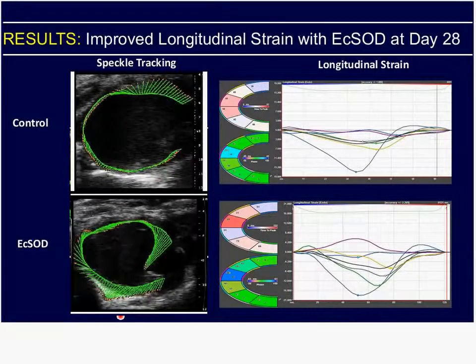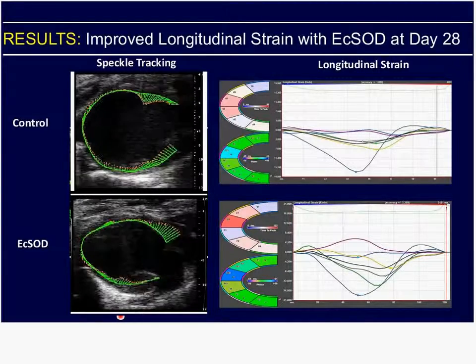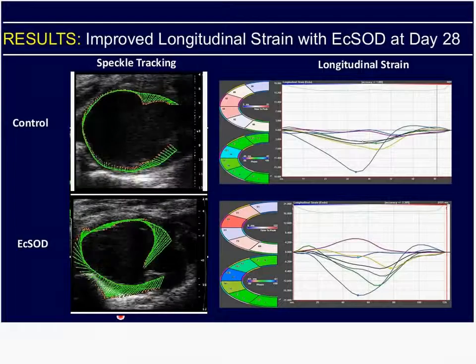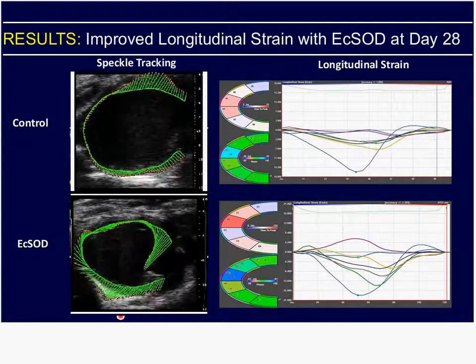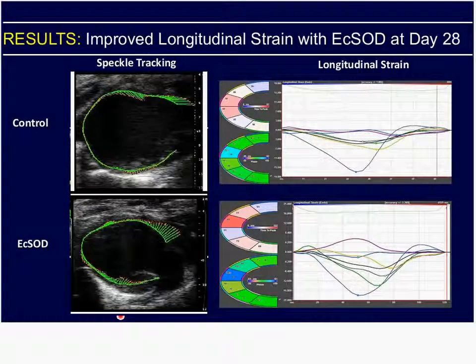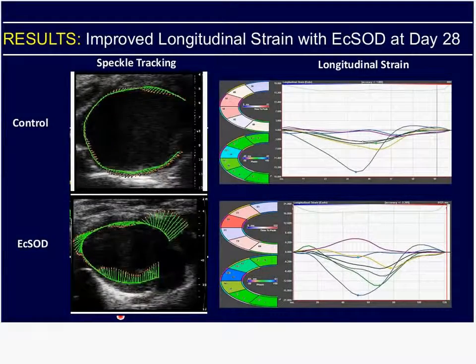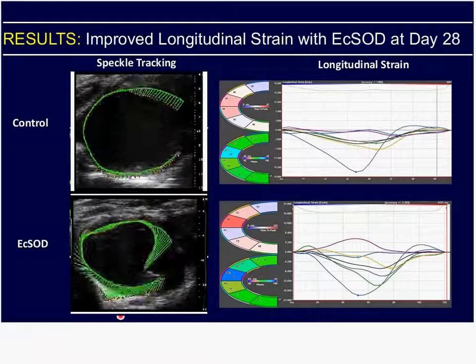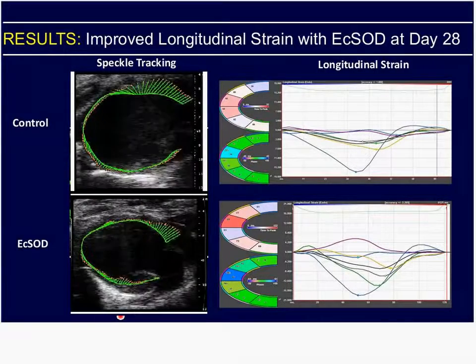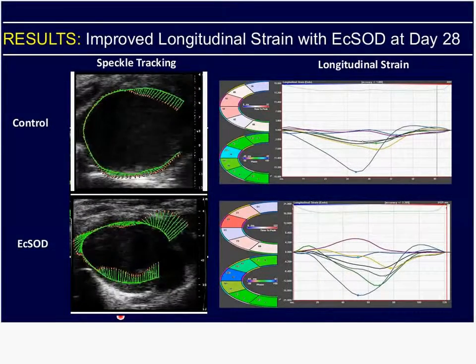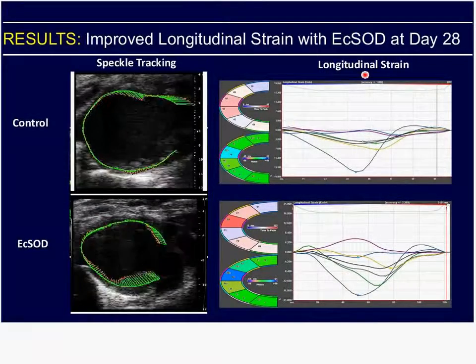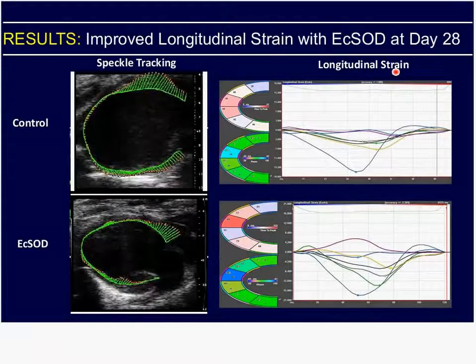Now the ECSOD mouse, and you'll see that the extent of the wall motion deficit is much smaller, and that we're getting better strain generation throughout the posterior wall. So we can sector this up and look at individual sectors by longitudinal strain.